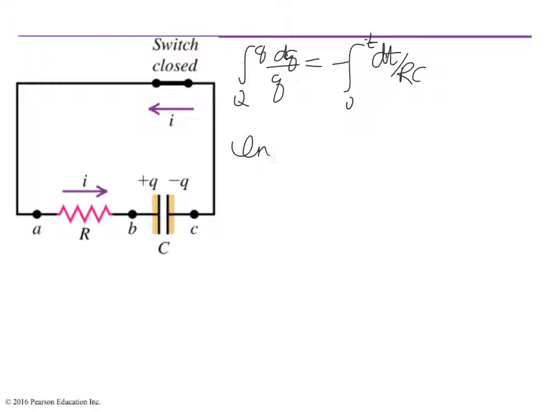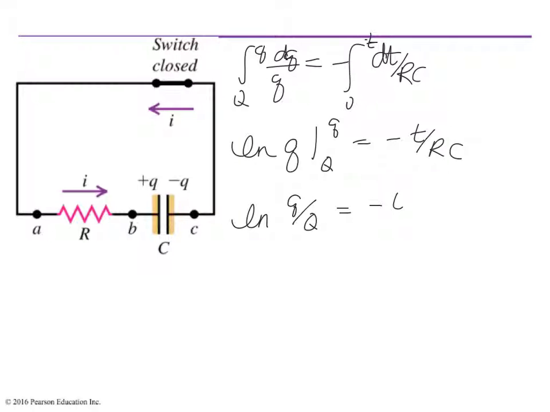So this is the natural log of Q, evaluated between Q and Q naught, equal to minus t over RC. This is the natural log of Q over Q naught. By definition of the natural log, e raised to the minus t over RC is equal to Q over big Q naught.